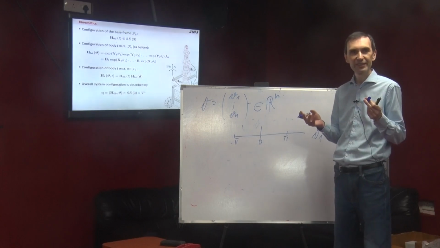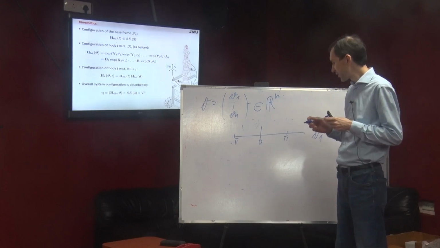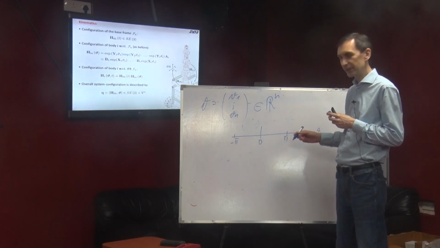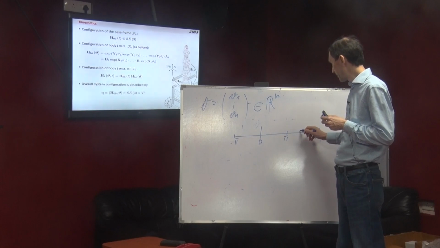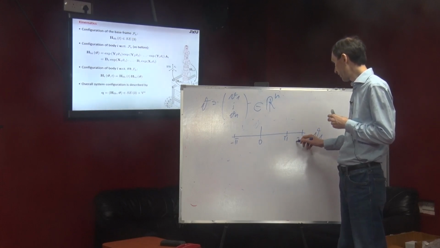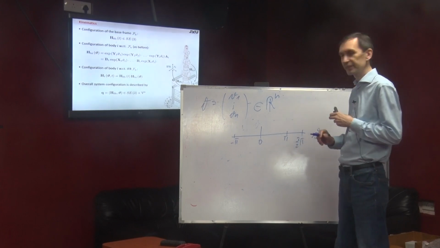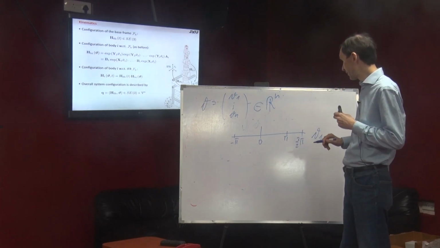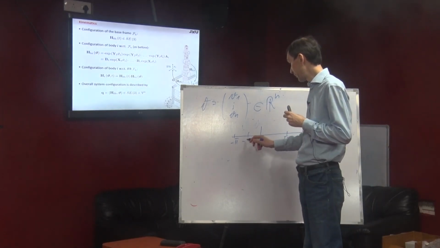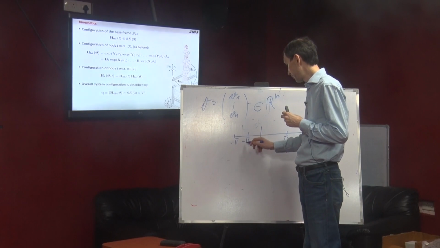And topologically, what they say is that you have to somehow identify the ends. Let's say you are here, for example, at 3/2 pi, which is the same as saying I'm here at minus pi/2, right?